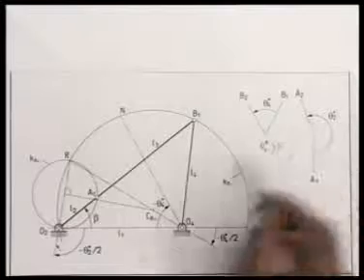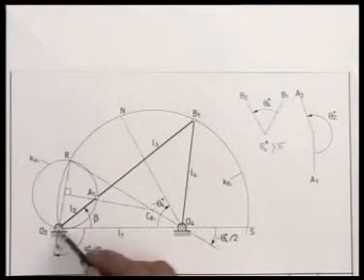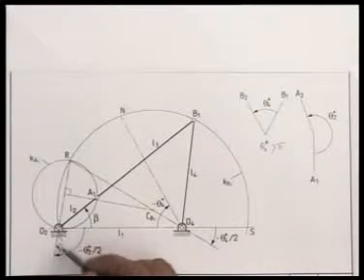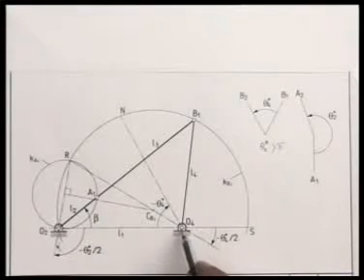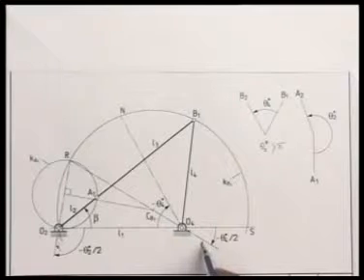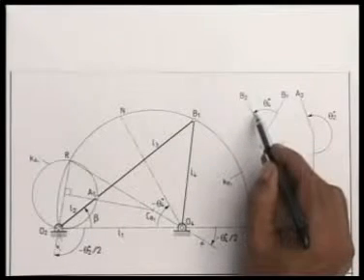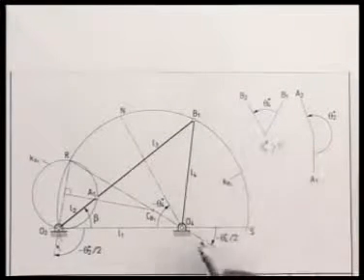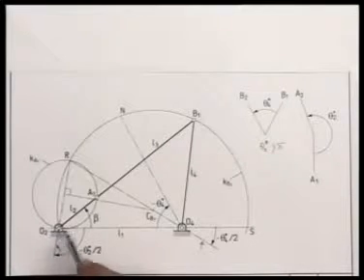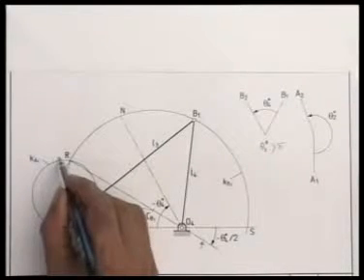Because this is more than pi, this angle is drawn at more than 90 degrees. At O4, I draw a line at an angle minus theta 4 star by 2. Minus is clockwise because theta 4 star is counterclockwise. These two lines meet at this point R.